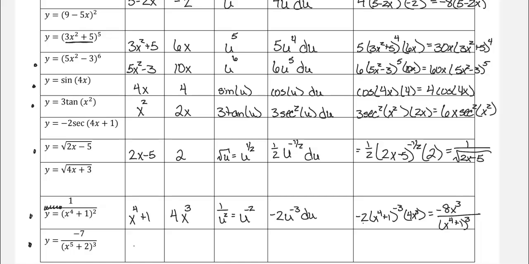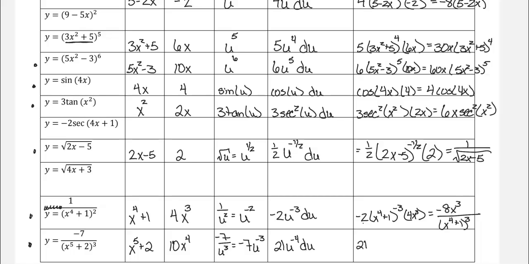This one, we have x to the 5th plus 2 as my u. du would be 10x to the 4th. So this is negative 7 over u cubed, which is negative 7 u to the negative 3. The derivative would be 21 u to the negative 4 times du.